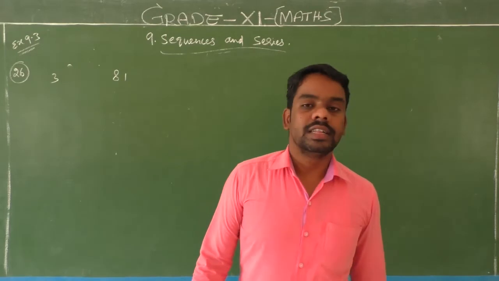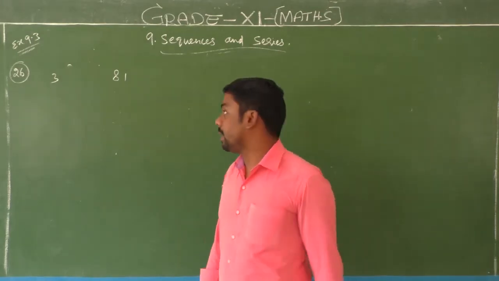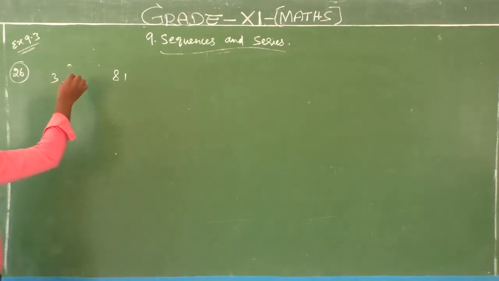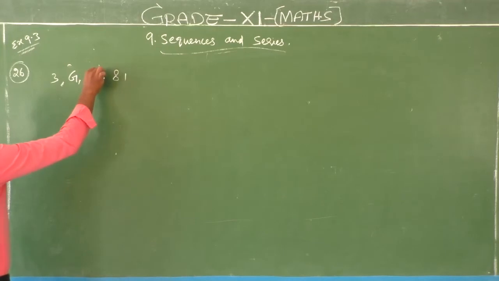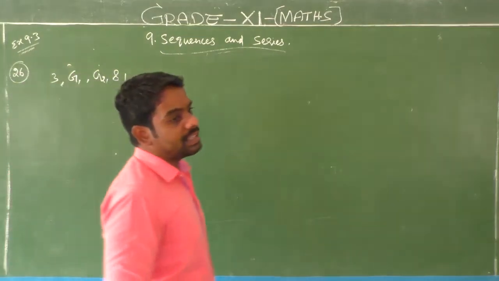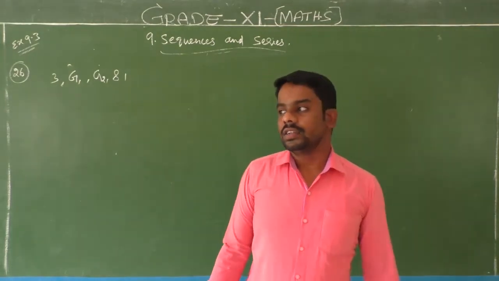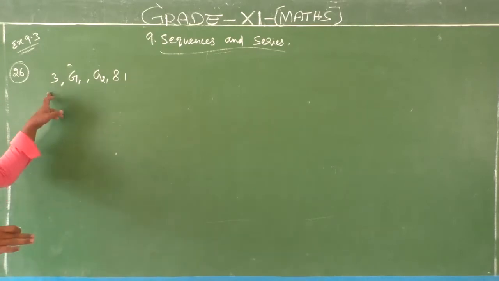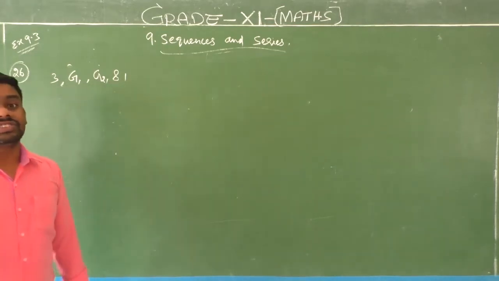So we have two numbers, 3 and 81. Let us consider the two numbers between 3 and 81 to be G1 and G2. Here 3, G1, G2 and 81 are in GP.